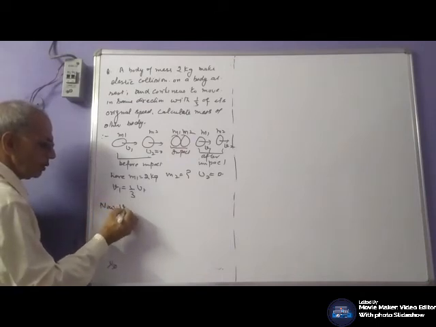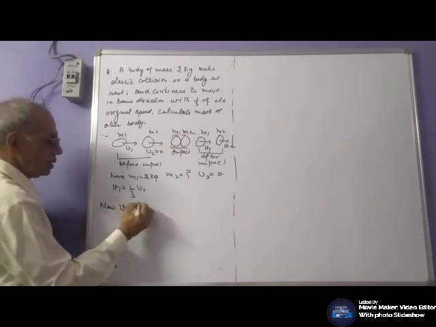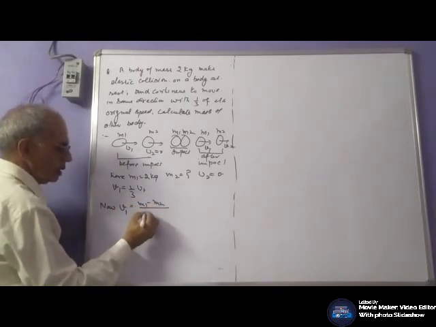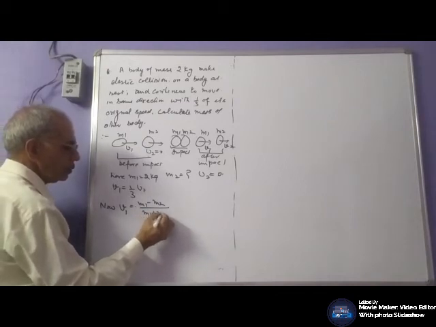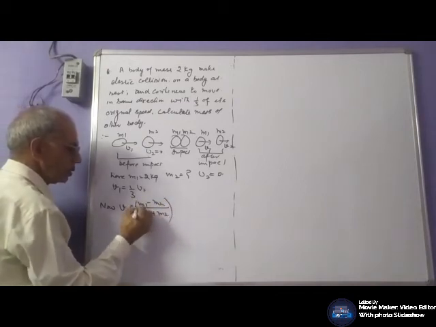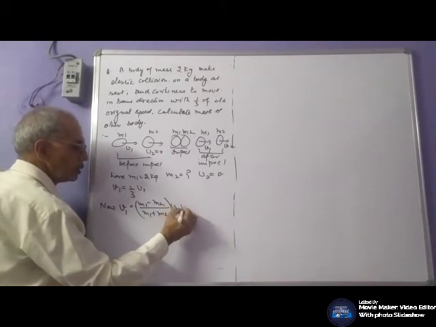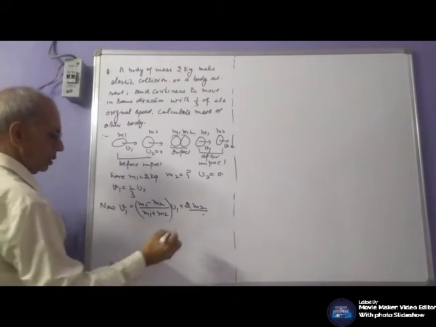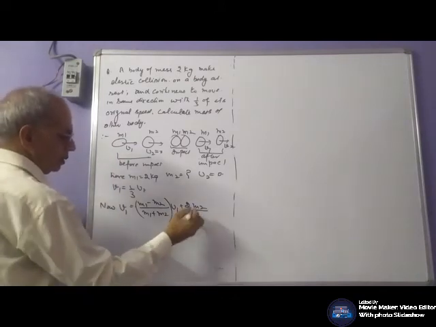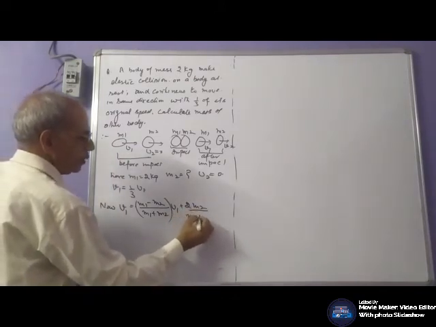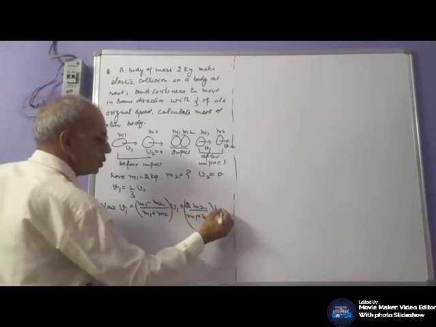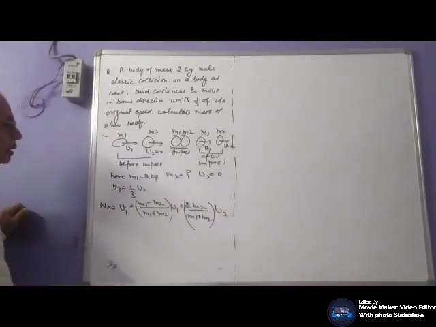Now V1 is M1 minus M2 over M1 plus M2 times U1, plus 2 M2 over M1 plus M2 times U2.